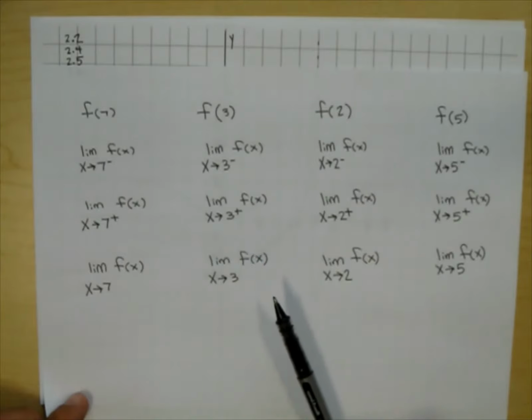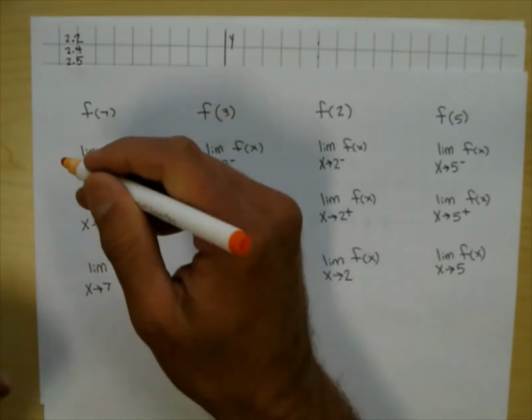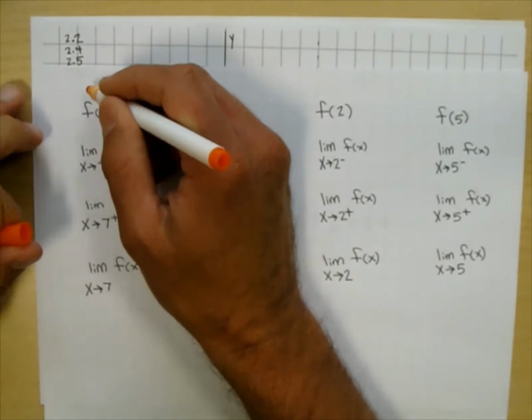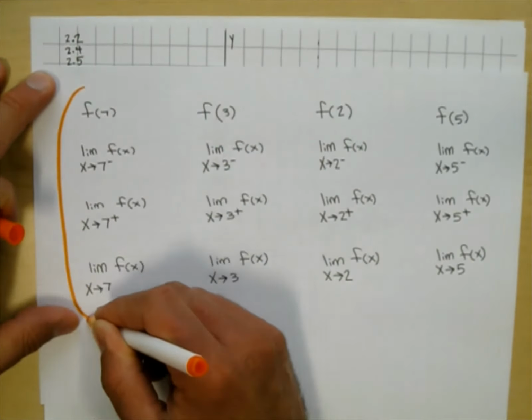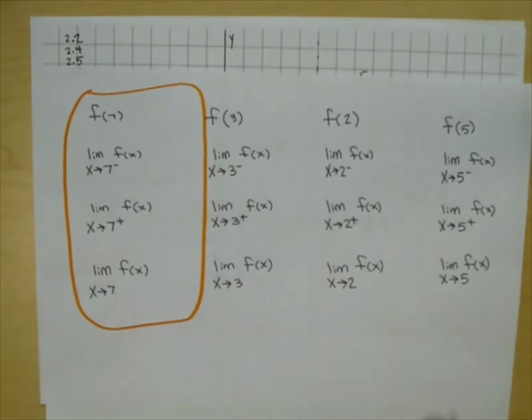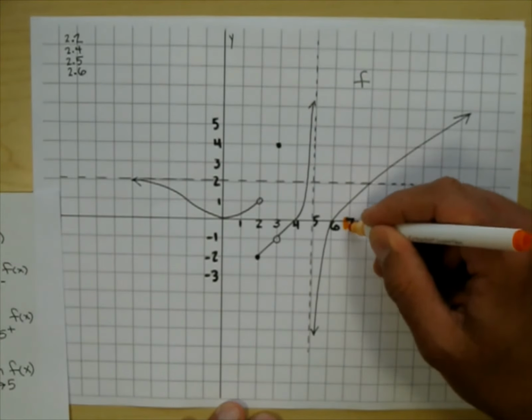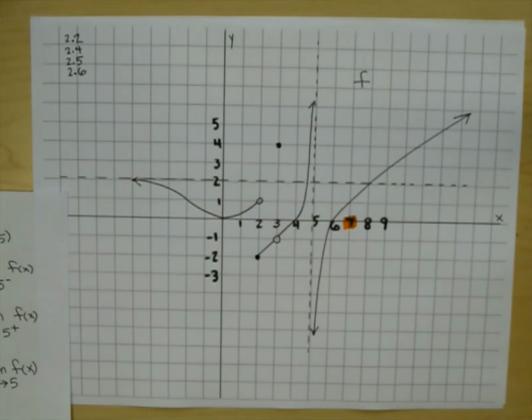And then same with all these ones. So let's analyze 7 and see what happens. I'll circle these in orange. And then we're going to go to the graph at 7, which I'll highlight in orange, and analyze this.